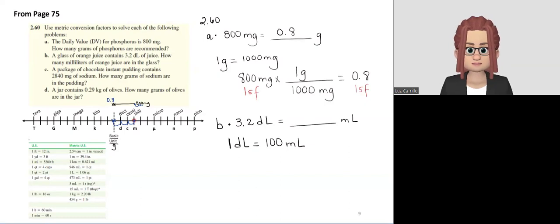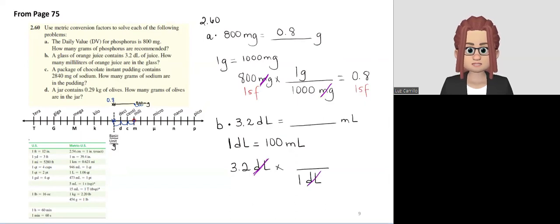Utilizing dimensional analysis, 3.2 deciliters. That means that every deciliter, because we're trying to cancel the units, let me just write it in the top problem too. The deciliters cancel.